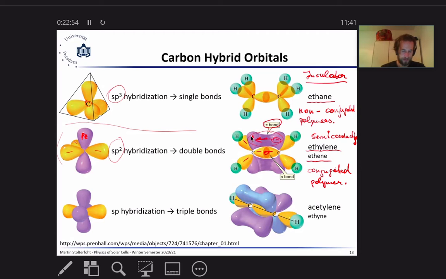And there's another example where you have two p orbitals and two sp orbitals, and this is called sp hybridization. This actually forms a triple bond, and then you have two pi orbitals like so.